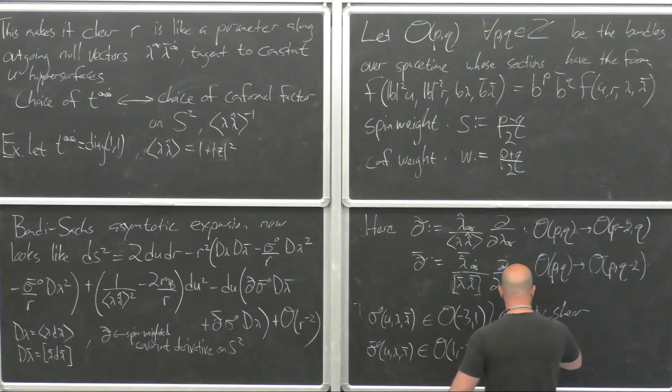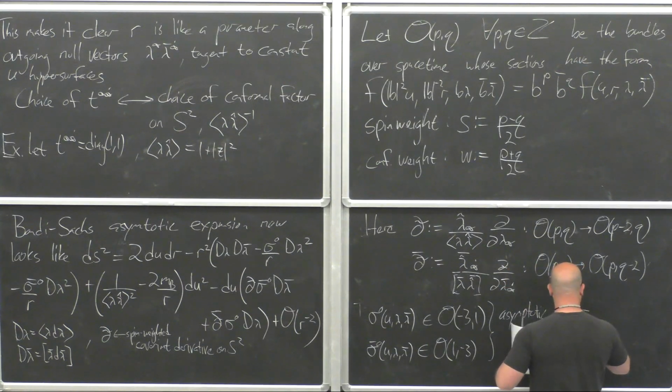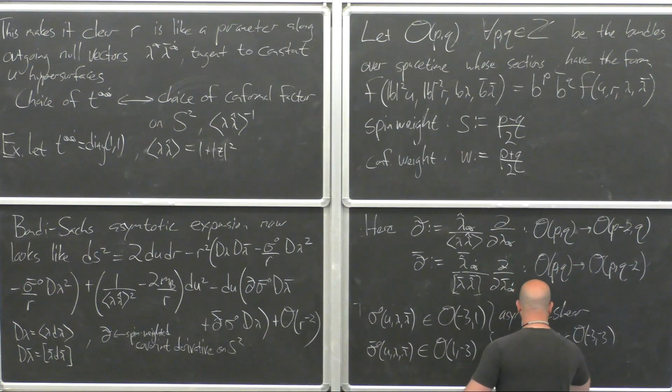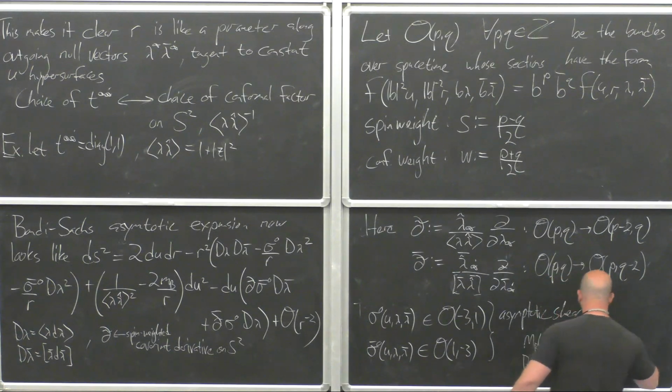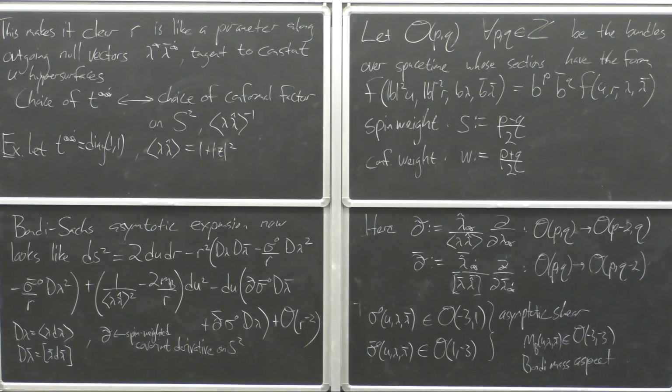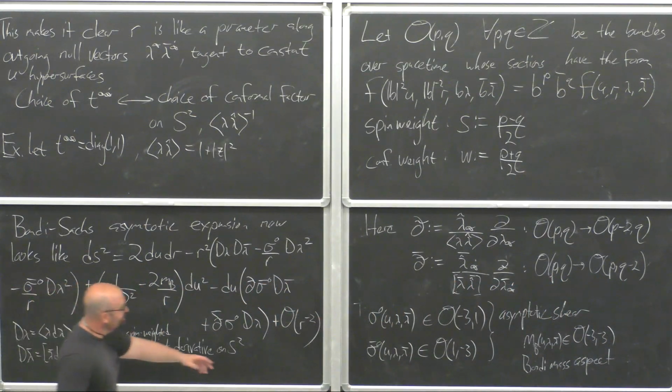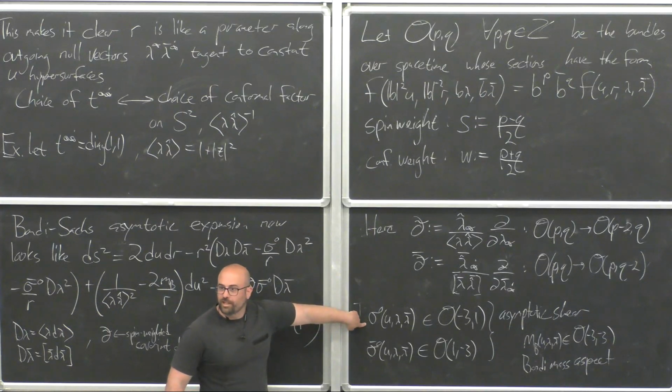This M_B, which is also a function of u, lambda, and lambda bar of weight minus 3, minus 3, is the Bondi mass aspect. This is the thing that generalizes the Schwarzschild mass, the kind of Coulombic contribution to the metric, to generic asymptotically flat spacetimes. You shouldn't think of this as a piece of free data, though, because its u evolution is completely determined by the shear through the asymptotic Bianchi identities.